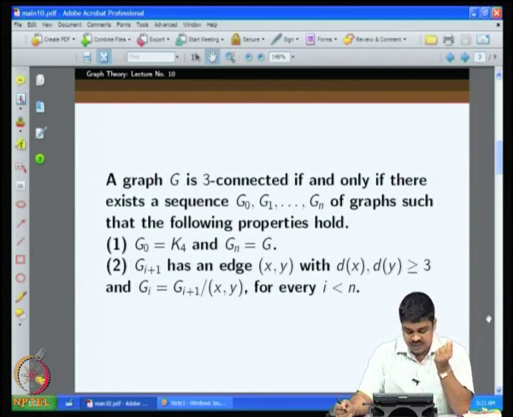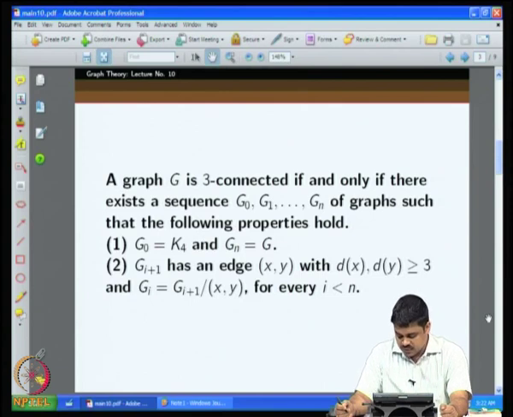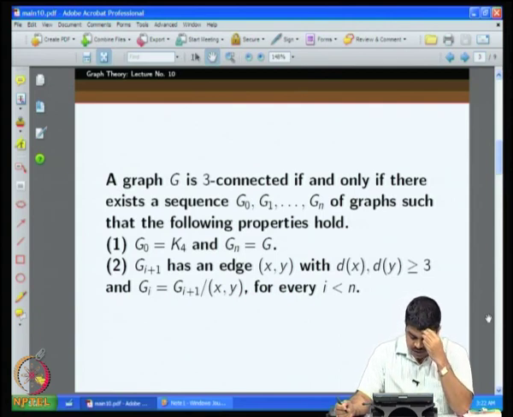The first graph G0 is equal to K4, the smallest 3 connected graph, and Gn is our graph, the last graph is our graph. And also Gi plus 1 has an edge xy with d of x greater than or equal to d of y greater than or equal to 3, and Gi is obtained by contracting the edge xy from Gi plus 1.